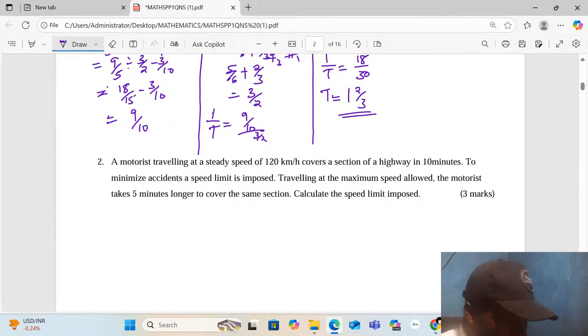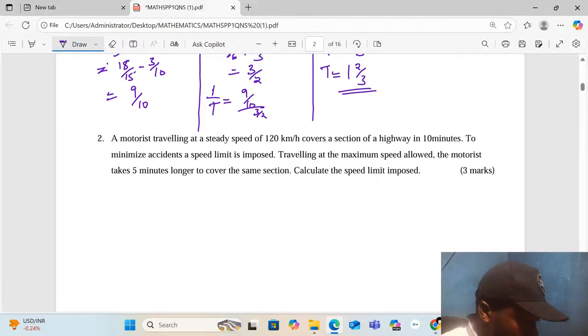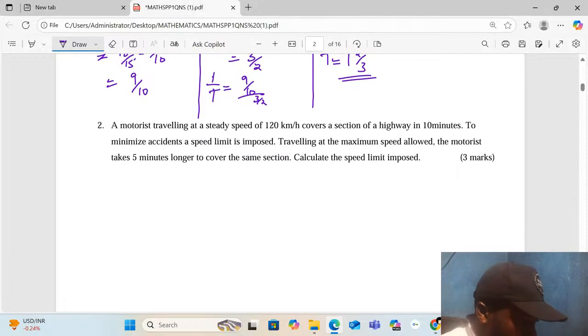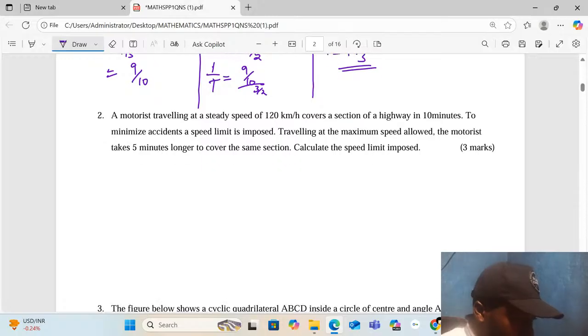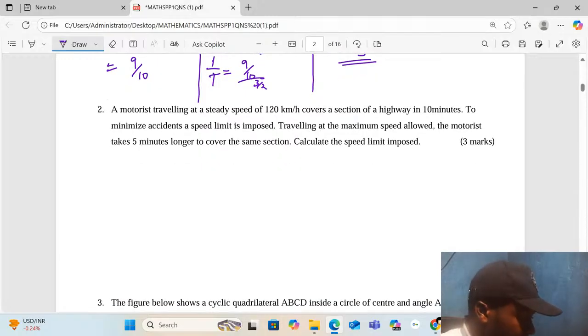Traveling at the maximum speed allowed, the motorist takes 5 minutes longer to cover the same section. Calculate the speed limit imposed. And now we have to look for the speed limit for him to take 5 minutes longer to cover that section.